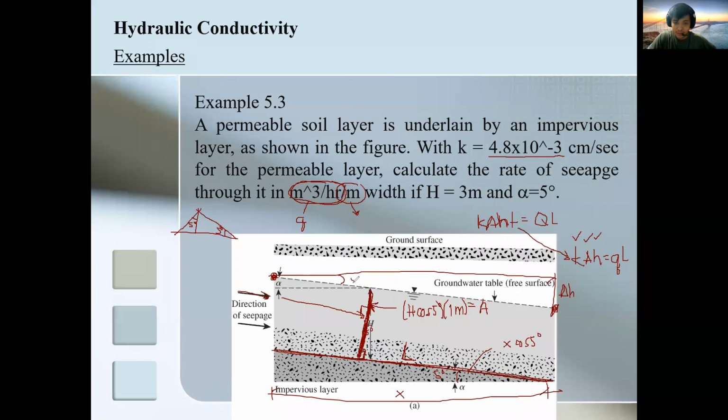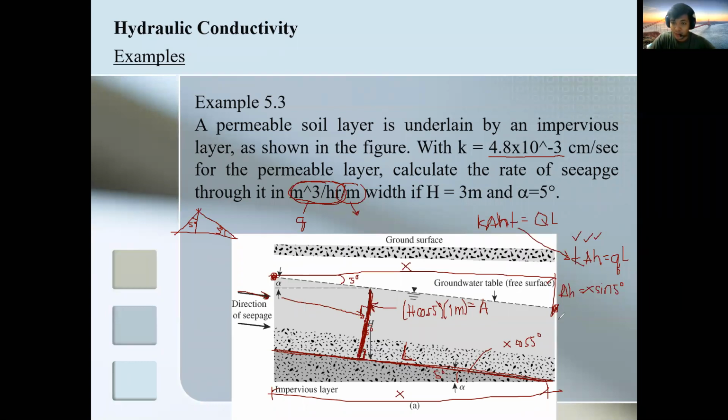So there is also 5 degrees. Okay? So since this one is X, the same as the X in the lower part, we can solve delta H by using the sine function. So that's X sine 5 degrees.